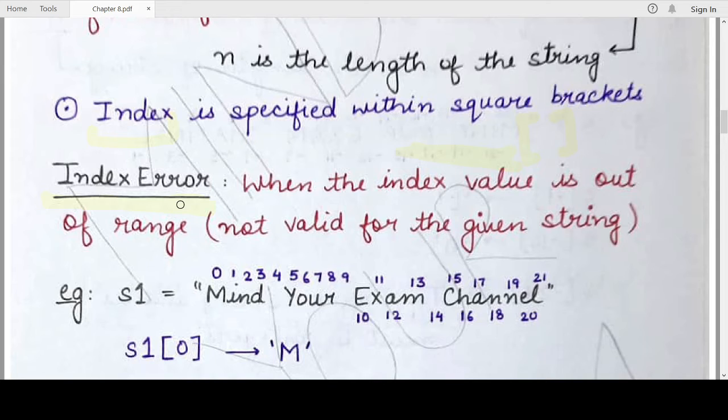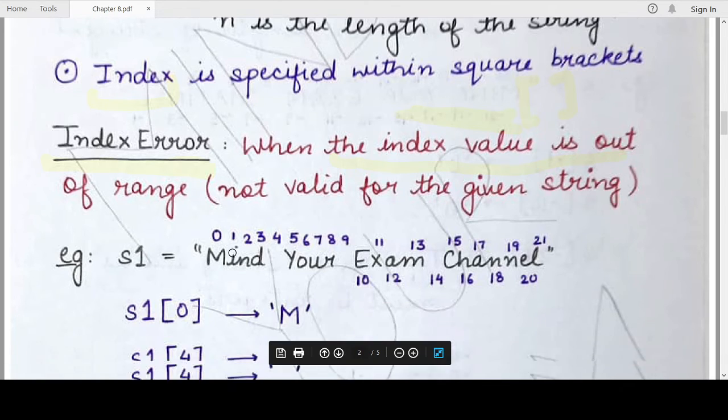So when an index value is specified outside this range for any string, no matter what its length is, the index error is thrown by the Python interpreter. Whenever the index value is out of the valid range, from 0 to length minus 1, both ends included, an error will be shown.